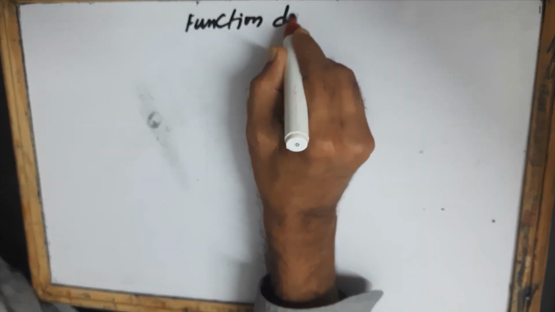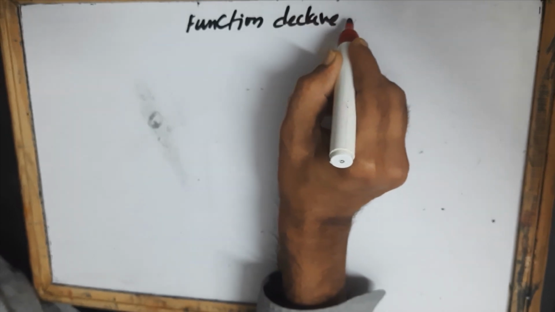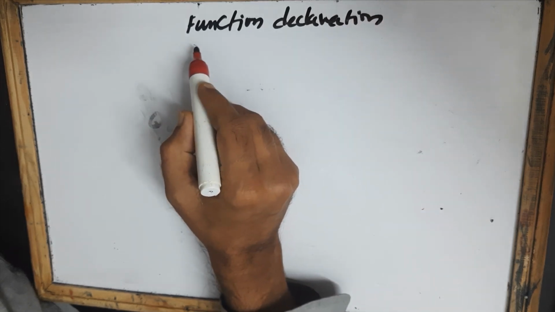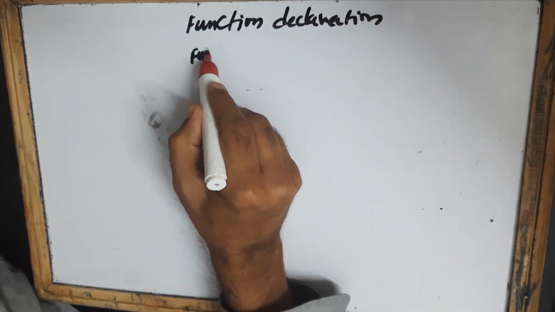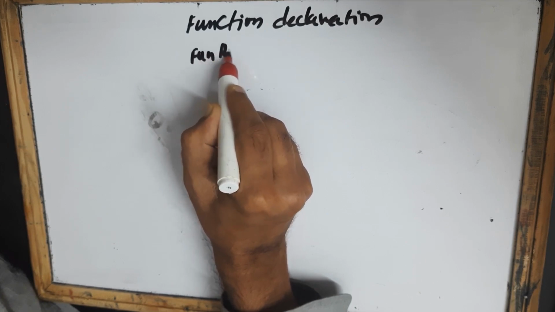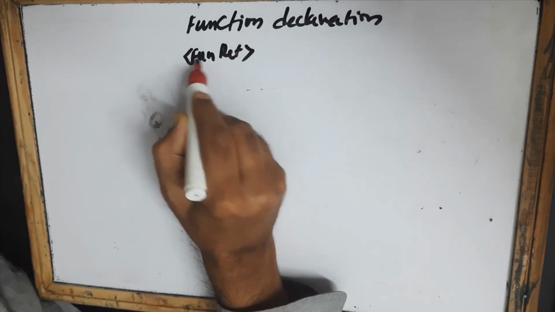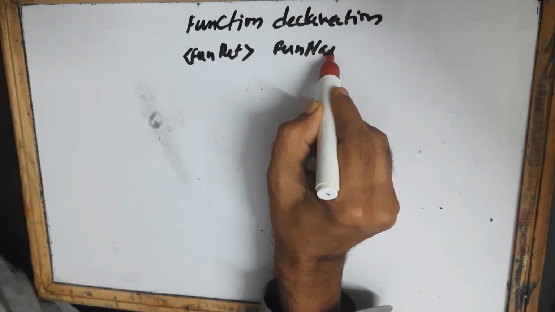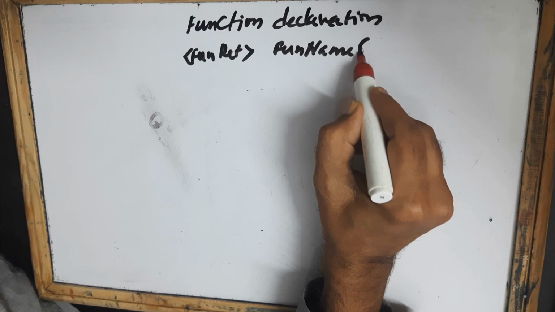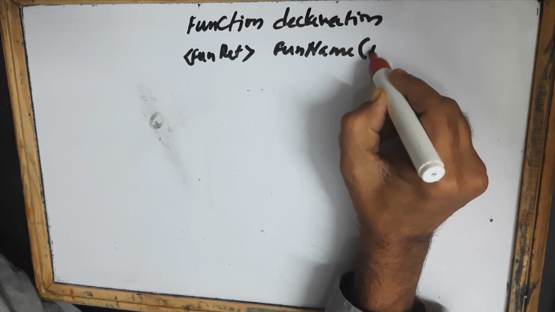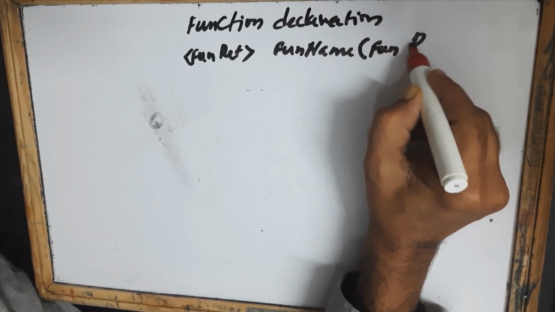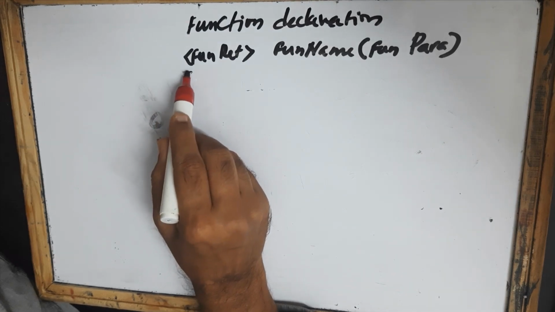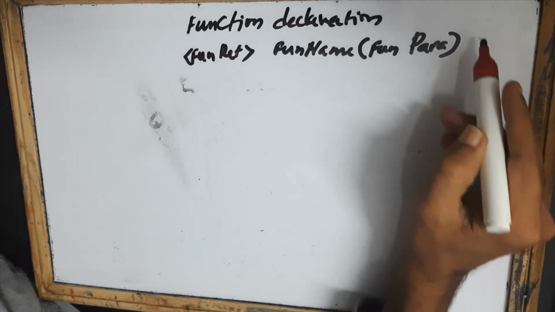Function declaration. Here we declare a function: function return, function name, parenthesis, function parameters, semicolon.